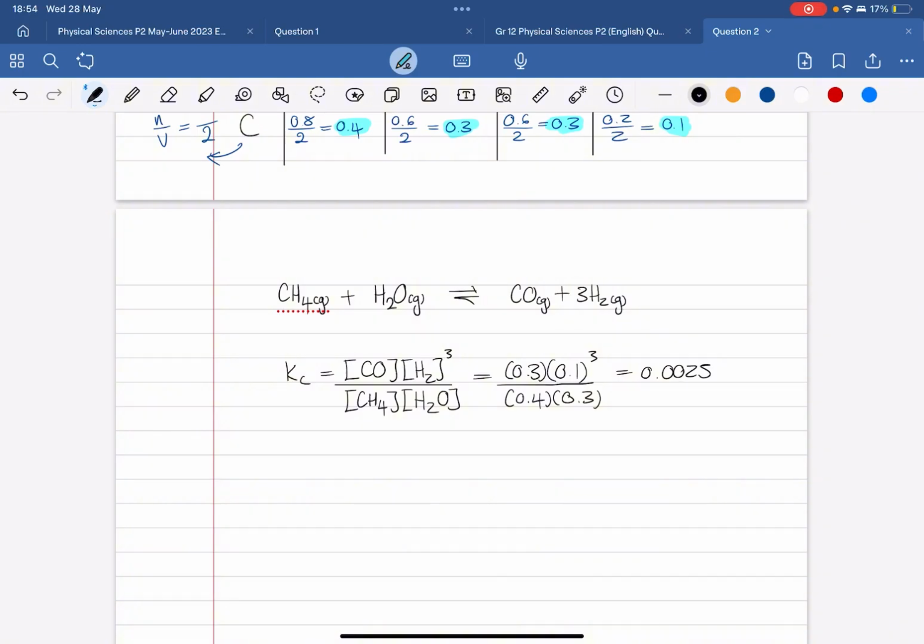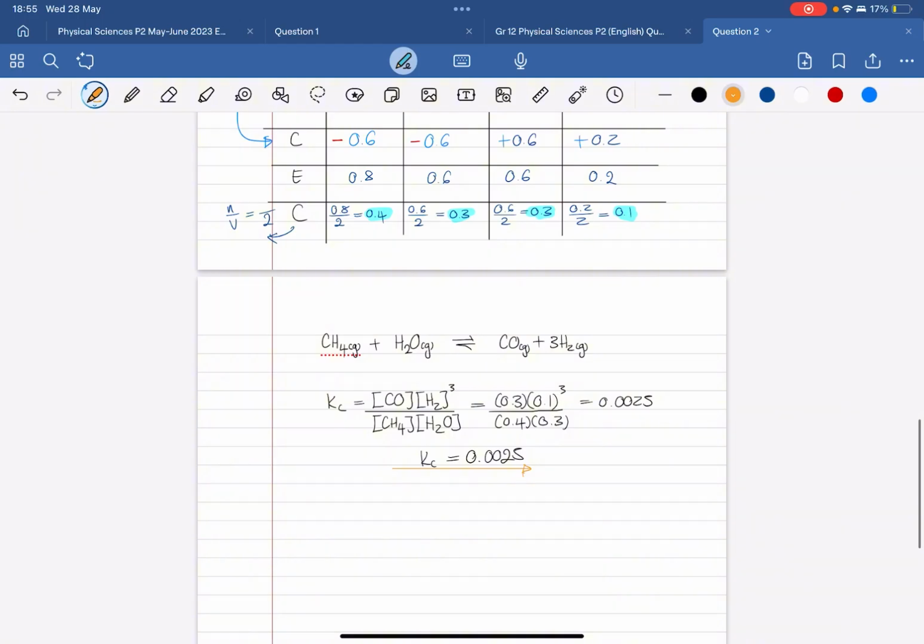And remember, Kc is a ratio. It is the ratio of the concentration of the products to the concentration of the reactants. So it doesn't have a unit. So Kc value, we just can simply write it as 0.00025. That's our Kc.